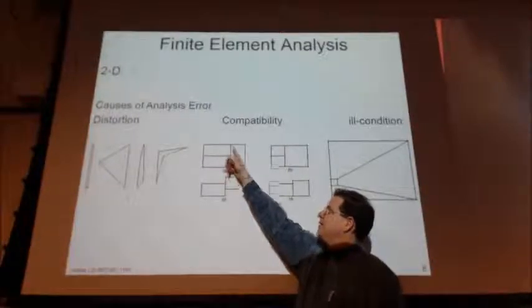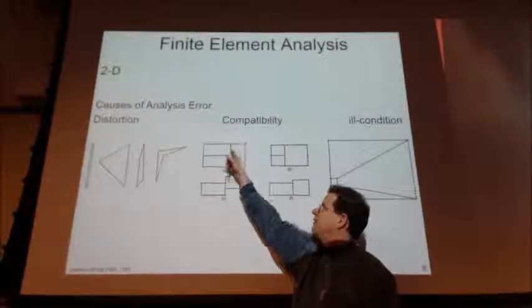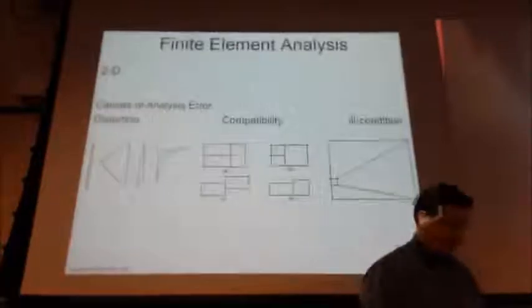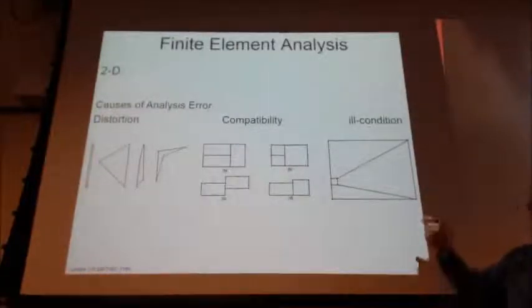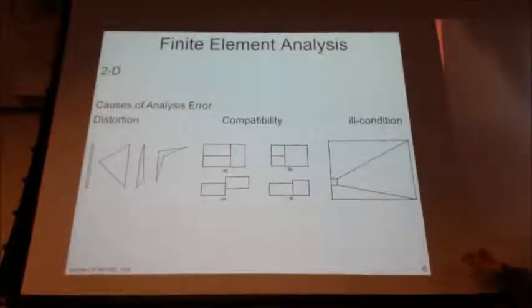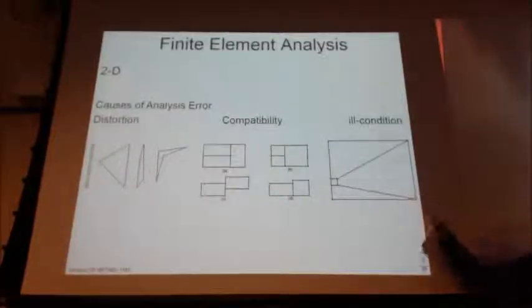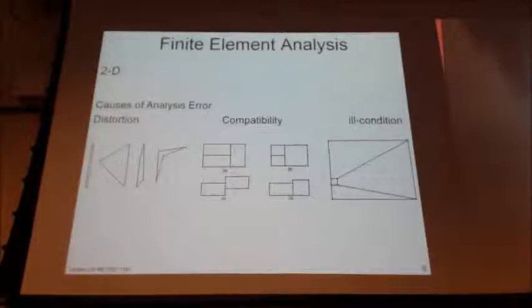This rectangle has 4 nodes, you can't have an attachment at the midpoint of it. They all have to match up. And ill conditioning is if the sizes of your elements are too dissimilar. So one of them is going to be a lot stiffer than the other. They're not going to behave the same or similarly. So you want to avoid those.